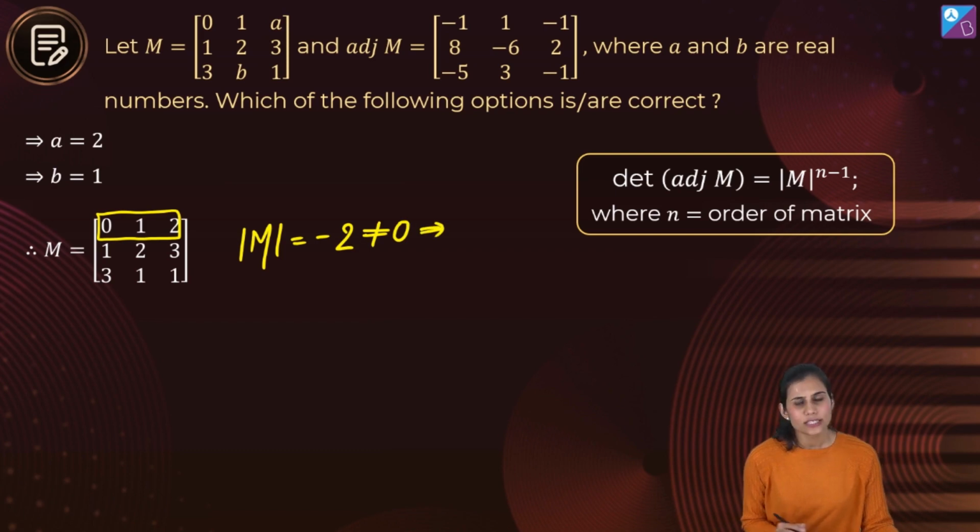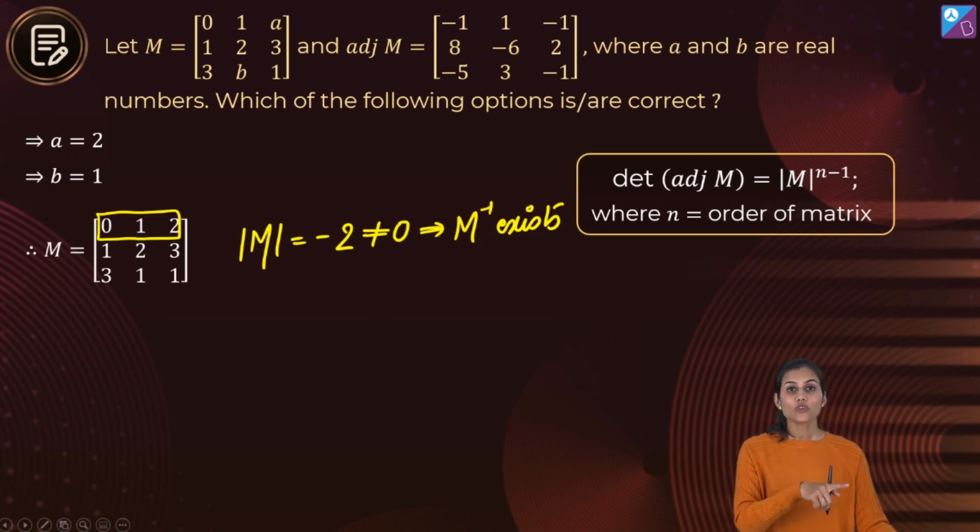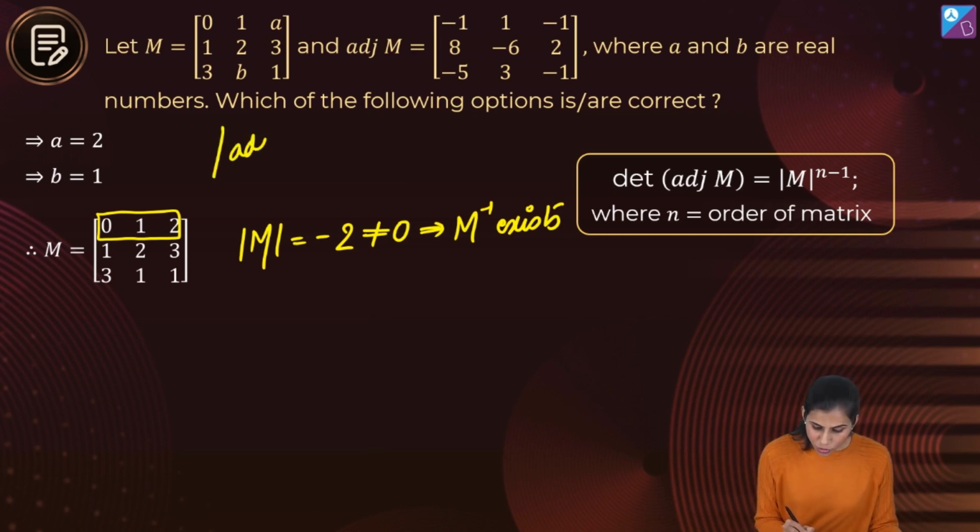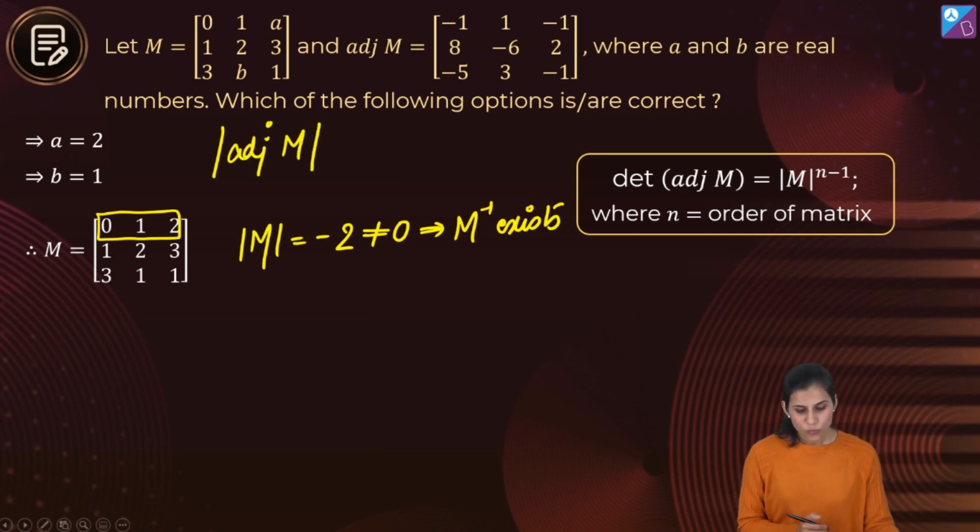This means M is non-singular and I can say M inverse exists. I need determinant of adjoint of M square. Wait, let me first talk about determinant of adjoint of M. What is that?